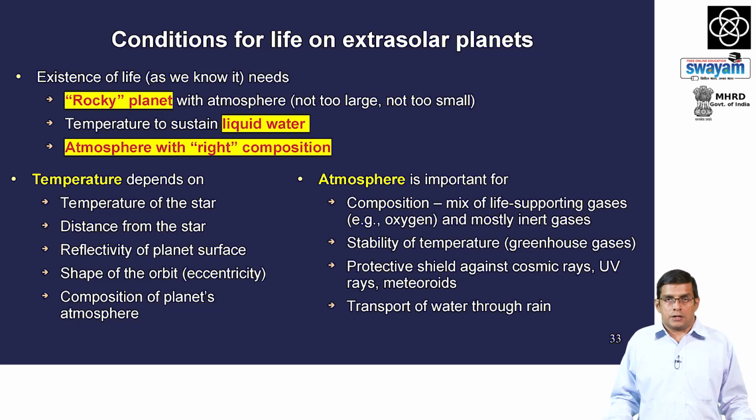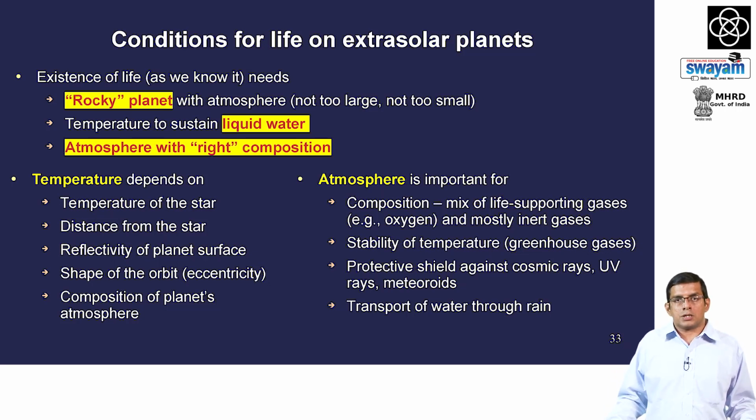The atmosphere is extremely important, because first of all it needs to have the right mix of life supporting gases, that is oxygen primarily, and mostly inert gases which are non-reactive. Secondly, the temperature has to be stable, as we already said, so it needs to have some greenhouse gases.